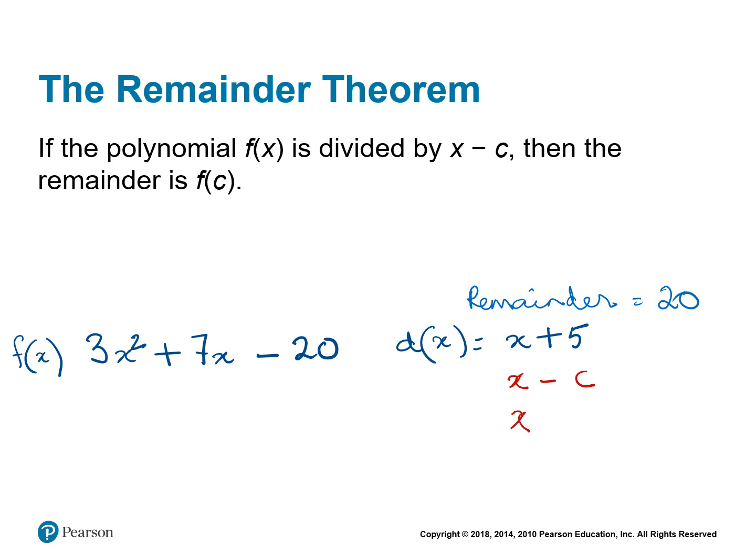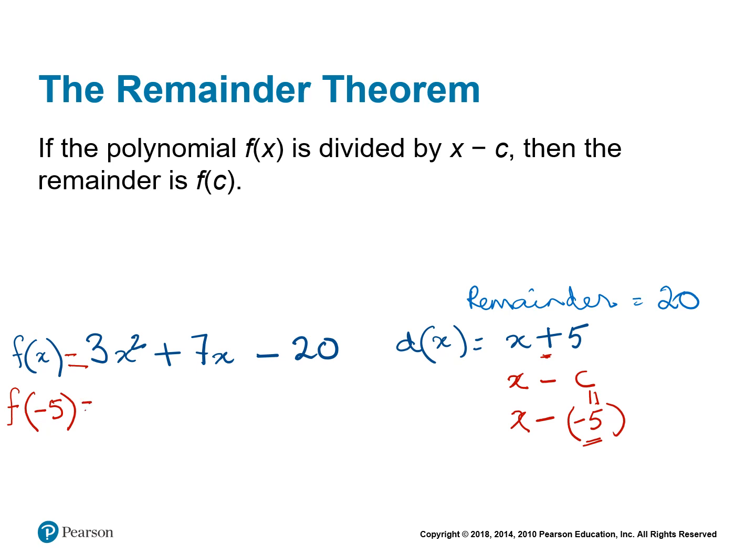So we have our x. We have to pull out a minus from the plus here. So minus, and then we have minus 5 for the value of c. So c is equal to minus 5, and that's the value we will be plugging into the f of x function. So f of negative 5.